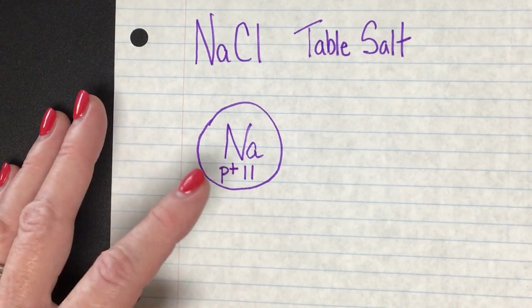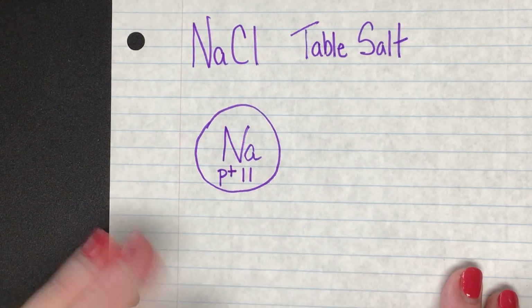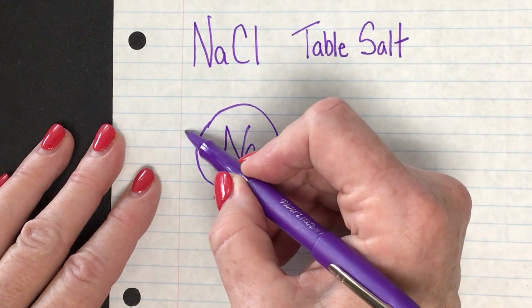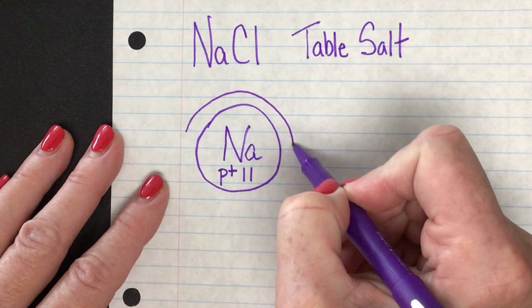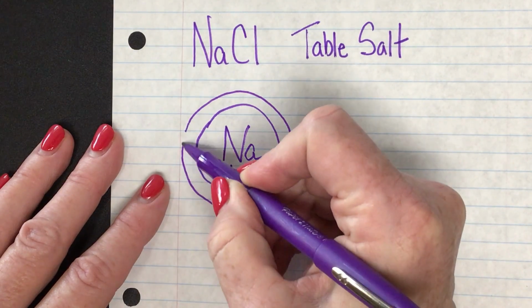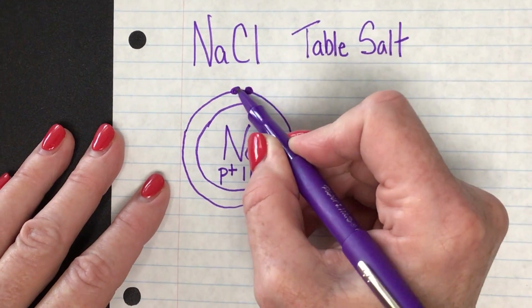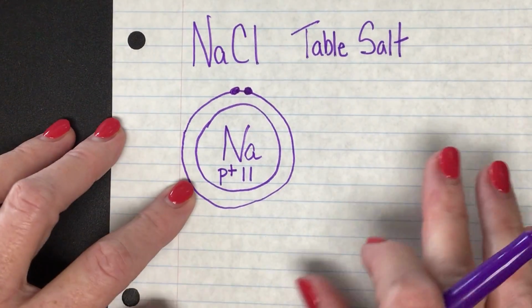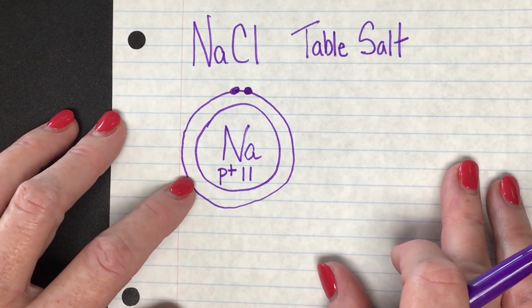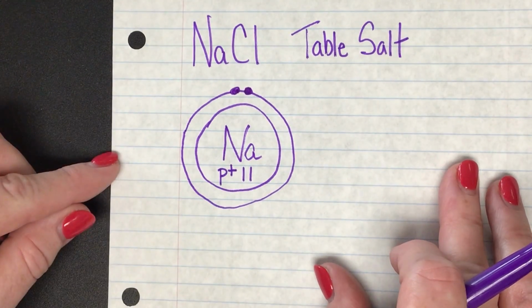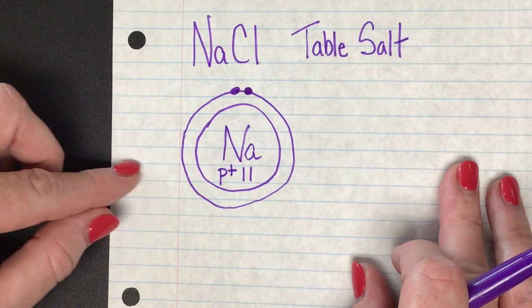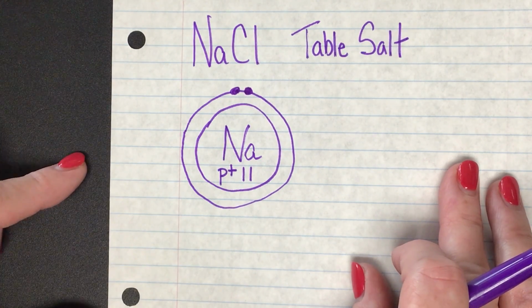So we're going to need 11 negatives, 11 electrons. So let's do the first energy level. Okay, sodium is in group 1. What period is sodium on? Can anybody look at their periodic table? Oh, 3. Period 3. Okay.